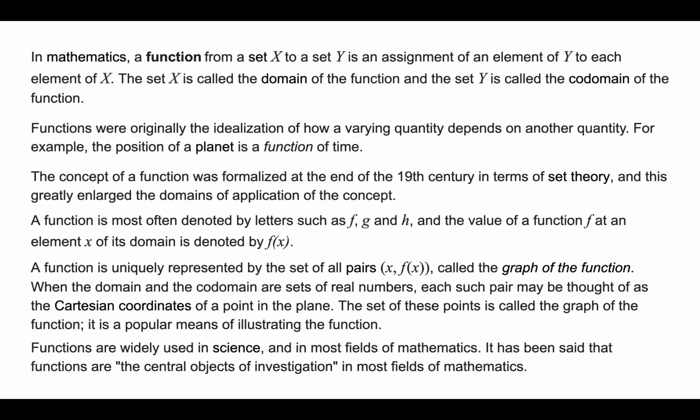The position of a planet is a function of time, meaning from time to time planets are changing their position. Or from time to time our vehicle is also changing its location.